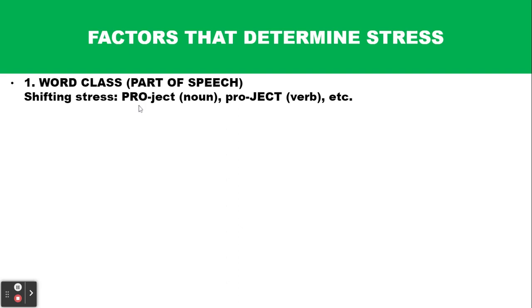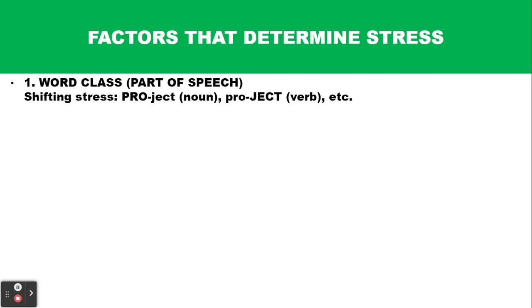When you place stress on the first syllable of this word, then you are talking about something, a project. But when you place stress on the second syllable of the same word, then you are no longer talking about something, you are talking about an action, a verb, project. To project something is to present it for people to see, all right?